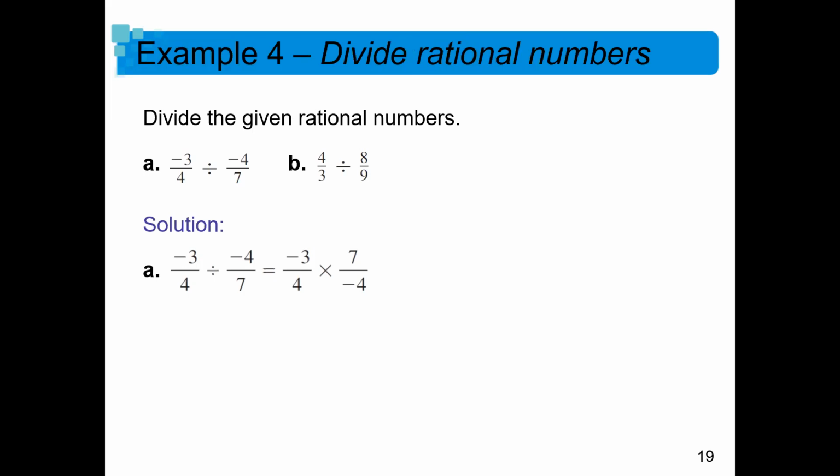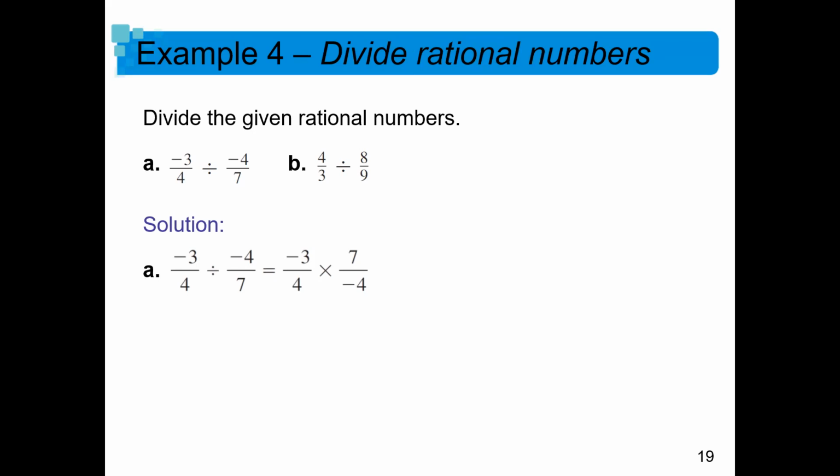So as you can see here, -3/4 divided by -4/7 is equal to -3/4 multiplied by 7/-4. So notice that the second fraction is reversed from -4/7 to 7/-4. So that's how you divide fractions.